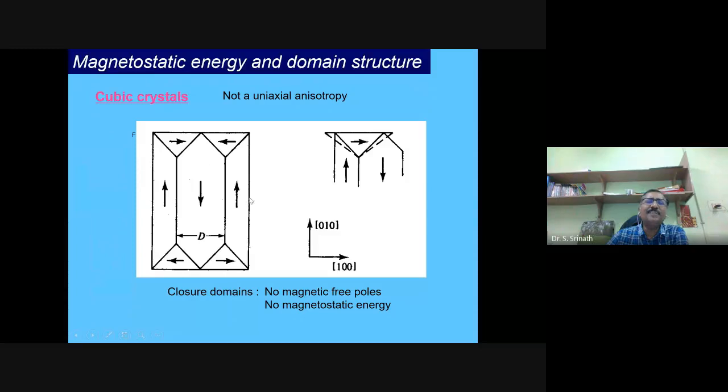Okay, see, anyone has any question why this particular shape? What do you observe in this shape? Can you tell me? Apart from closure domains, do you see anything peculiar? I'm talking about this picture.